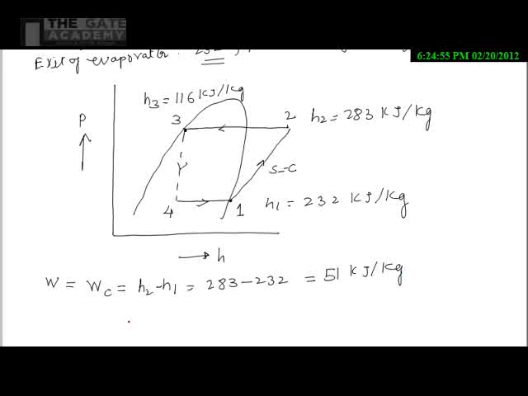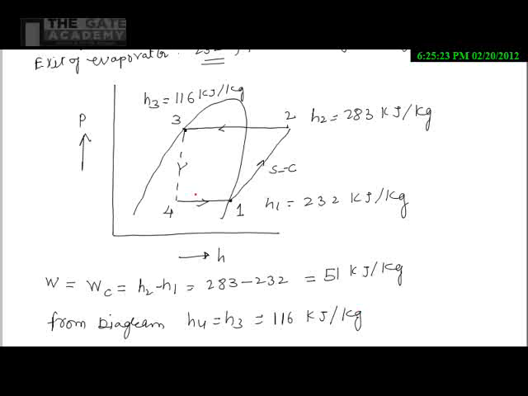Similarly, we have to find out Q2. But here if you see, at 3 and 4 point, that is constant enthalpy point. So we can write like that for the diagram. H4 equals H3, then H3 we are having 116 kilojoule per kg. So now we can easily find out Q2.